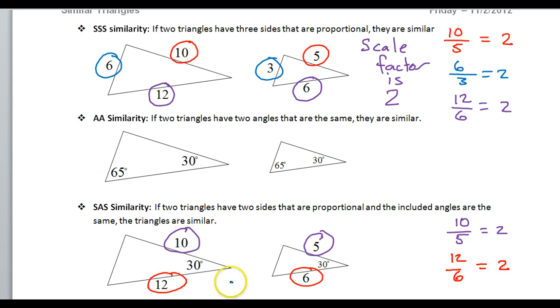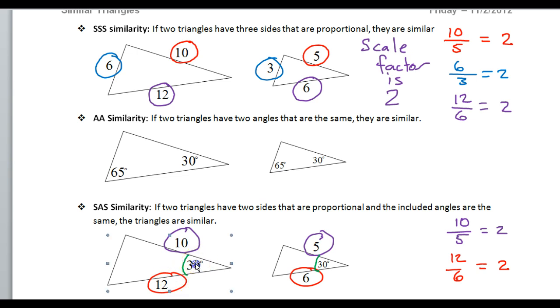So we have two pairs of sides that are proportional, and then one angle that is congruent. It's important that the angle that is congruent is between the sides that are proportional. So that gives us our side, angle, side.